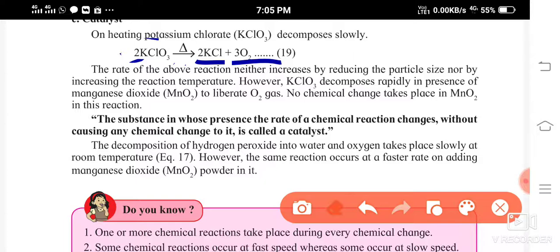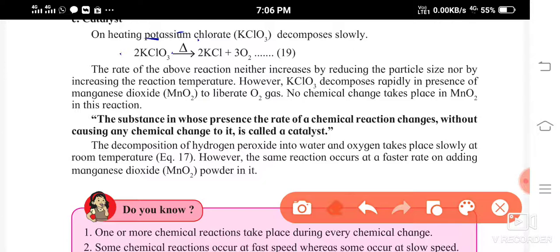So you supply heat to this. Even though you supply heat, the reaction still takes place slowly only. The reaction is not going to take place fast.